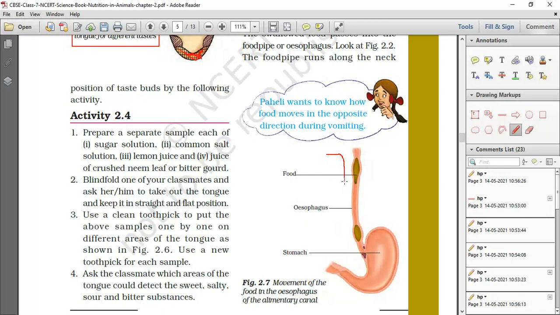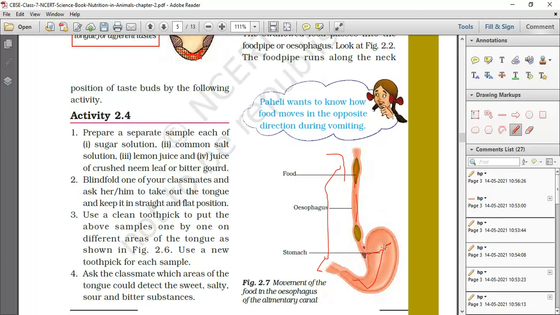This is the neck, and from the neck it goes to the chest, and from the chest to the stomach. This is a rough diagram. As you can see, the food passes through here and goes to the J-shaped stomach.